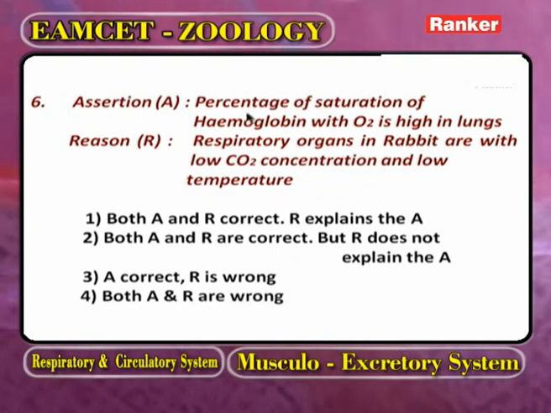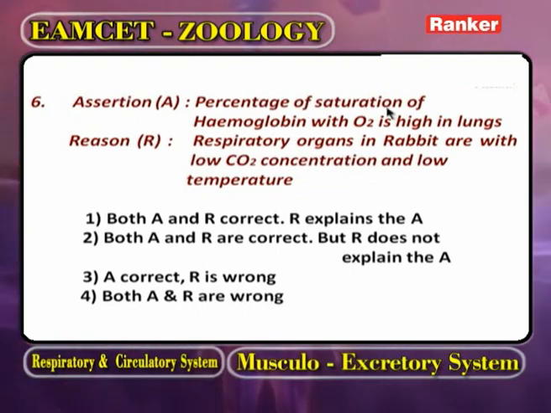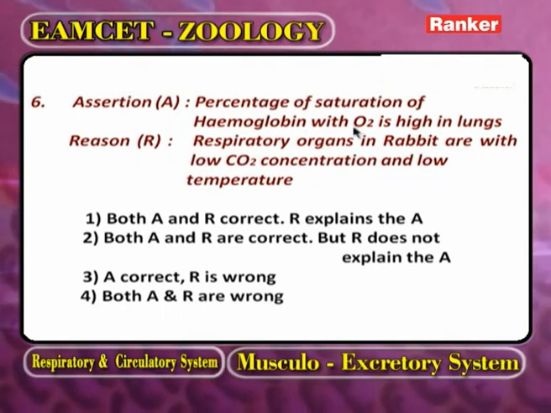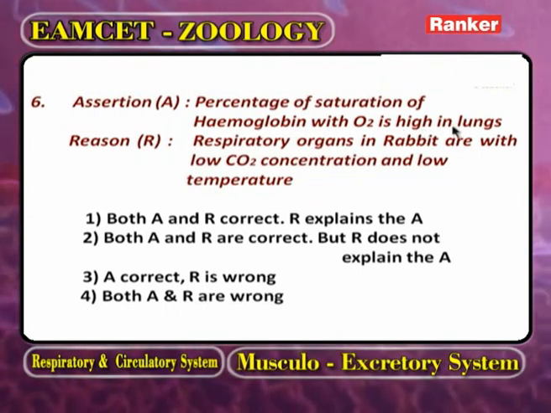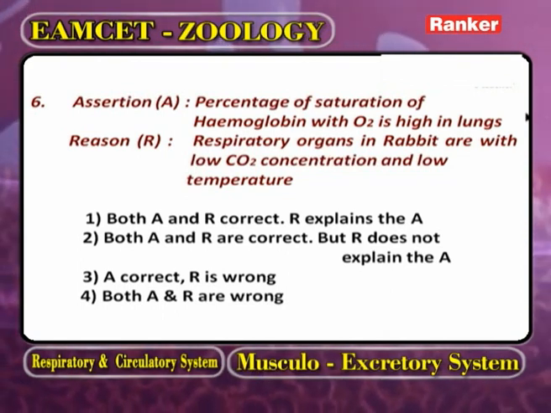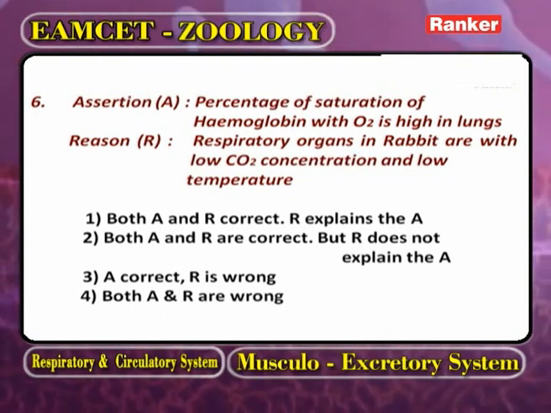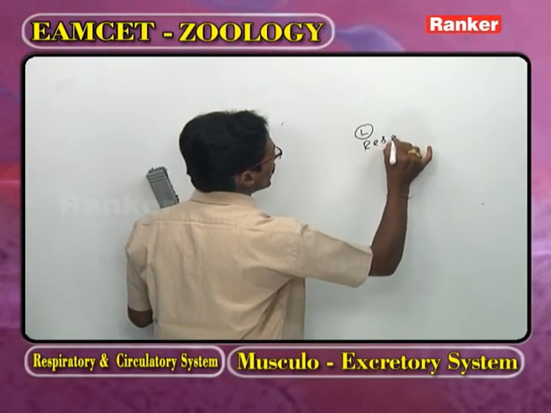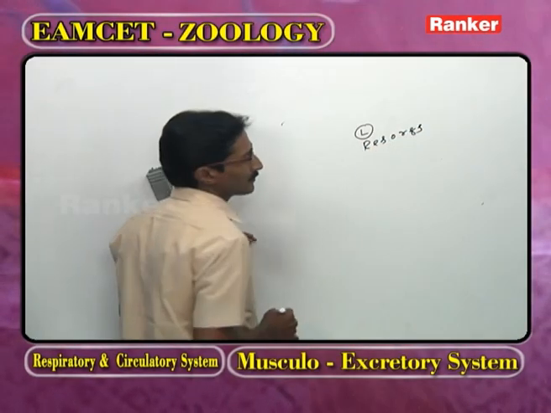Assertion: the percentage of saturation of hemoglobin with oxygen is high in lungs. Now students, we know very well, the lungs are nothing but the respiratory organs.